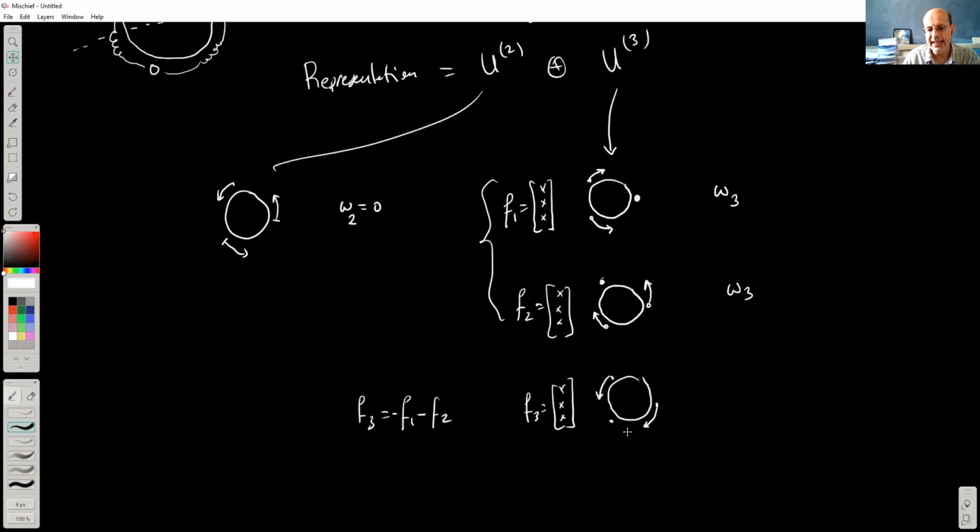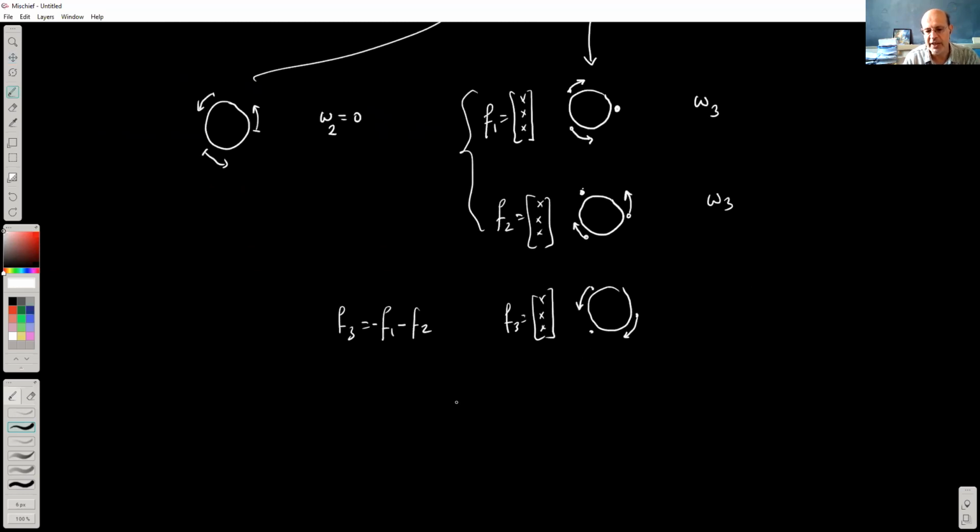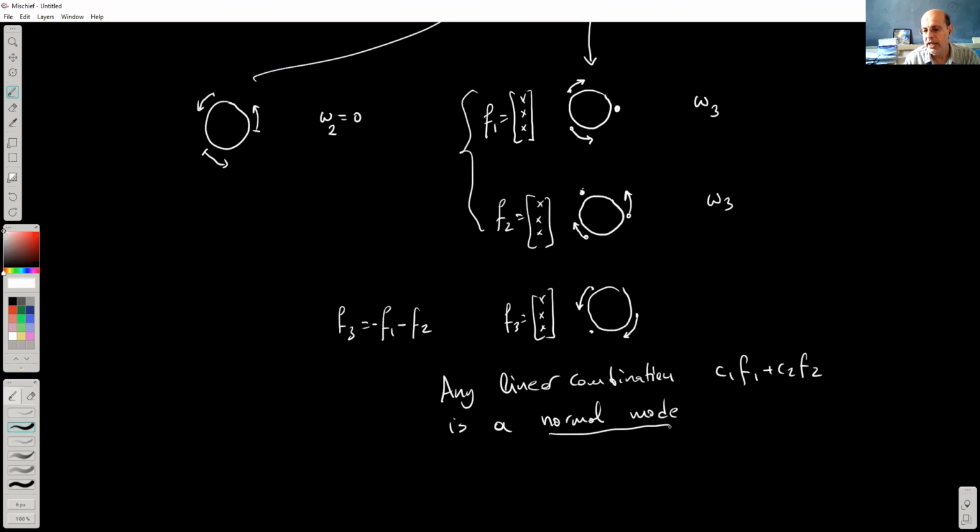Moreover, let's say it like this, any linear combination, let's say C1 times F1 plus C2 times F2, is a normal mode. Each one is also a normal mode, oscillating with the same frequency.